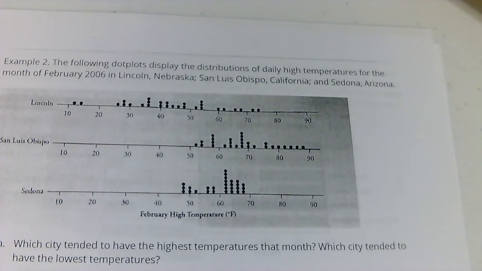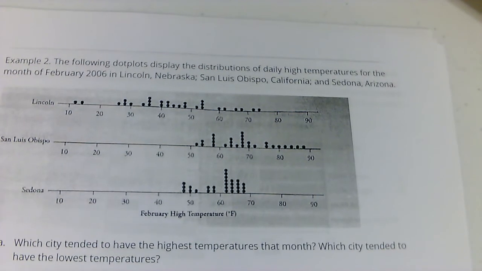Okay, we have a dot plot next. The following dot plot displays the distribution of daily high temperatures for the month of February 2006 in Lincoln, Nebraska, San Luis, I can't say that word, California, and Sedona, Arizona. Which city tended to have the highest temperatures that month?